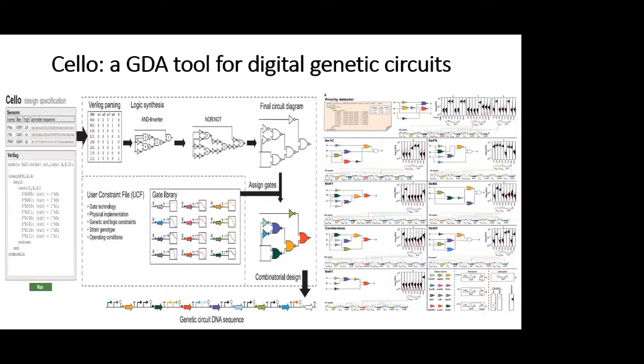It is no surprise that the first genetic design automation tool was built for digital circuits, because digital circuits are amenable to design and also amenable to automation. You could build such automation not very easily, but at least much better than for other kinds of circuits.